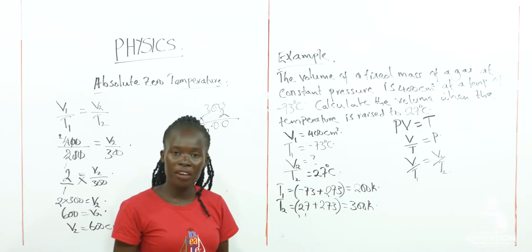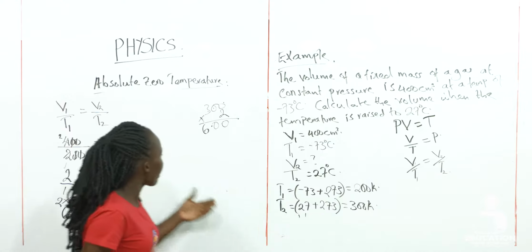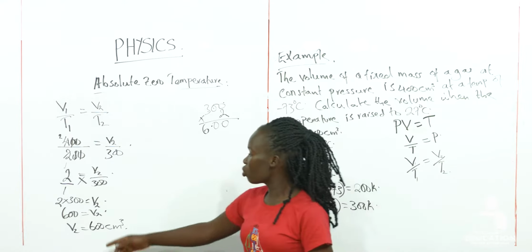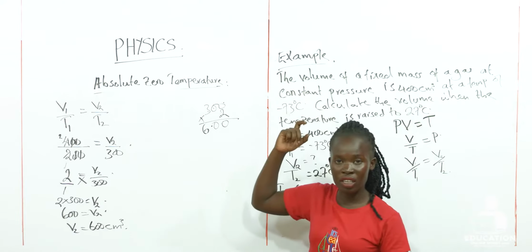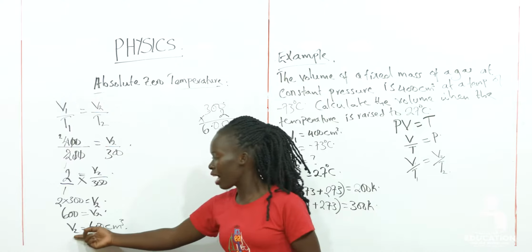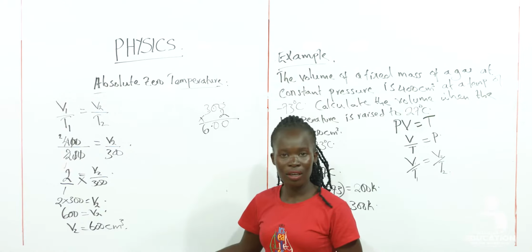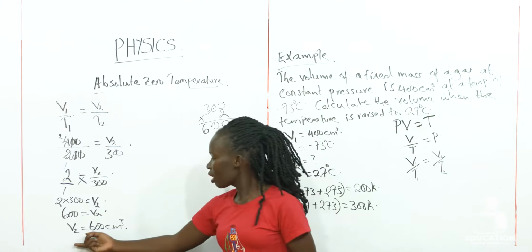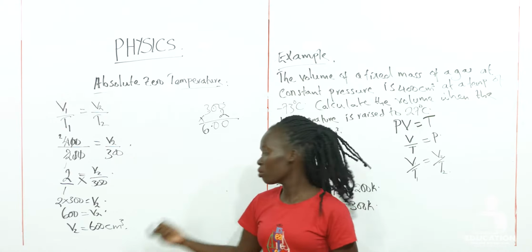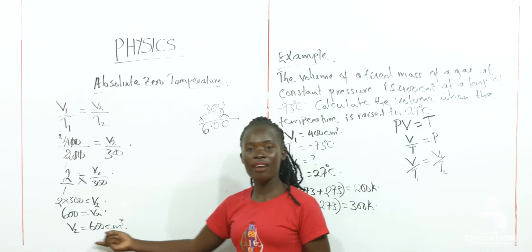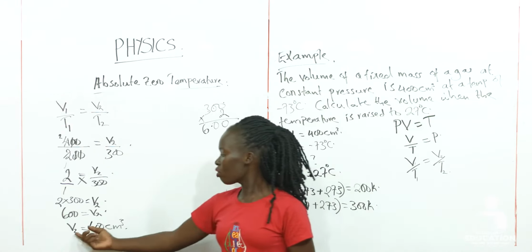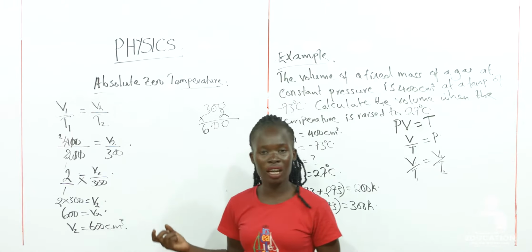After varying the temperature, you come back and check the result. You see that you increase the temperature to 27 degrees Celsius, and the volume of the gas was also increased. And it was increased to what? Instead of still having 400 centimeters cubed, we are having 600 centimeters cubed. This alone, from the calculation, verified Charles law.